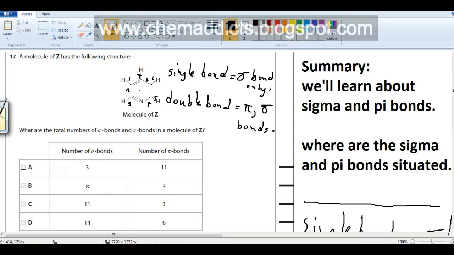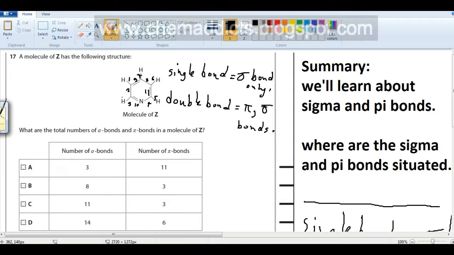Now let us move on to double bonds. In a double bond there is a sigma bond as well as a pi bond. So at first let us count sigma bonds. So 9, 10, 11. Total we have 11 sigma bonds.